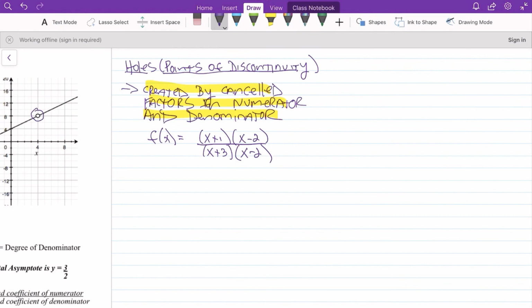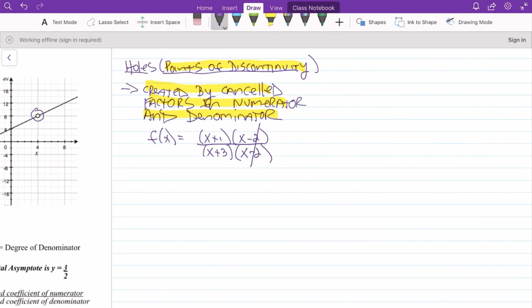And this one's already been factored, so this factor that we cancel would actually create a hole in the graph, which is also considered a point of discontinuity. This is a point in the graph where the graph ceases to be continuous. And again, they're created by canceled factors of the numerator and the denominator.